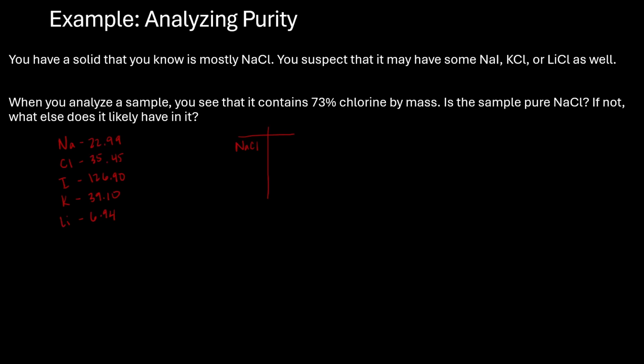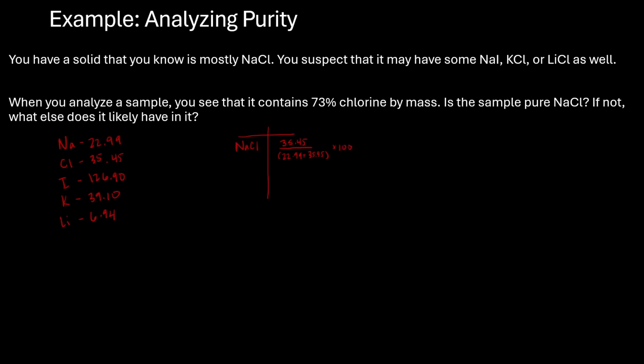We're going to divide chlorine's molar mass, 35.45, by the molar mass of the compound. That's sodium's molar mass at 22.99 plus 35.45. And since I'm talking about a percent, I'm going to multiply it by 100.